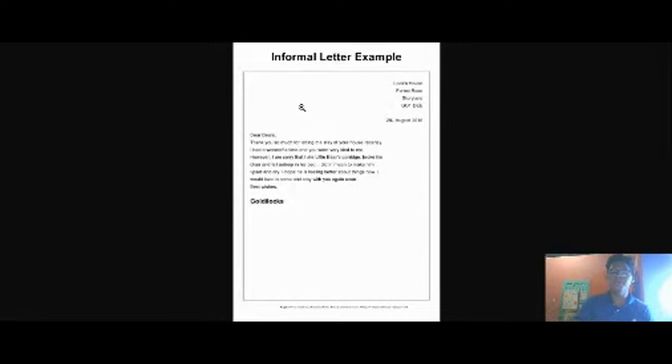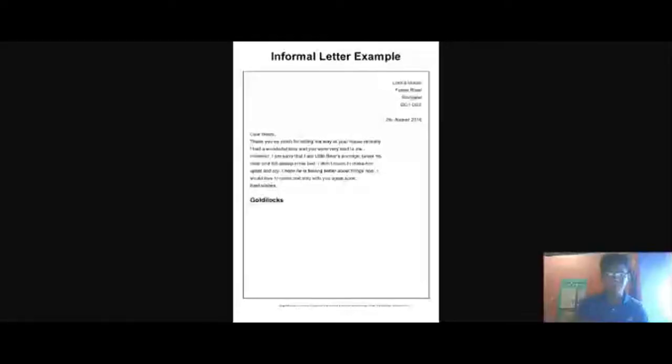There are some instances of fully blocked, with everything on the left side. If everything's on the right, that would be a semi. Everything on the left side would be a fully blocked or blocked.